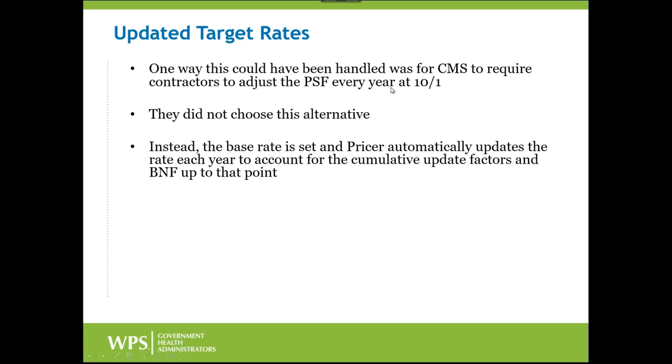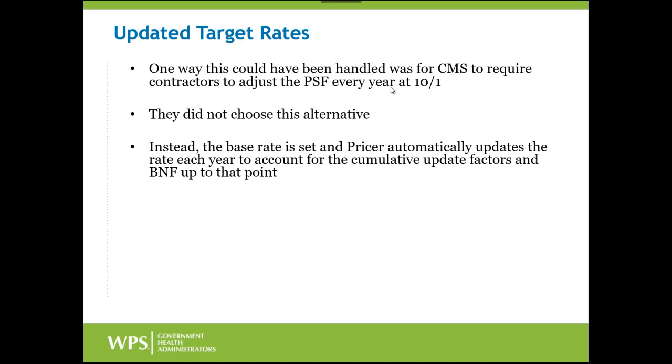Now, one way this could have been handled is that CMS could have required MACs to adjust that provider-specific file, which adjusts the pricer, with a brand new base rate every single year effective at 10/1. However, CMS did not go that route.